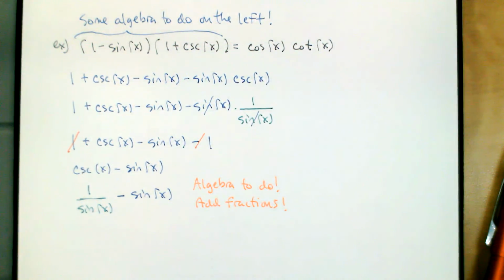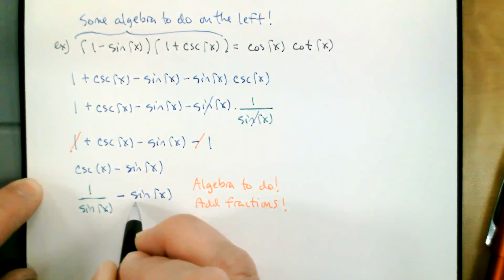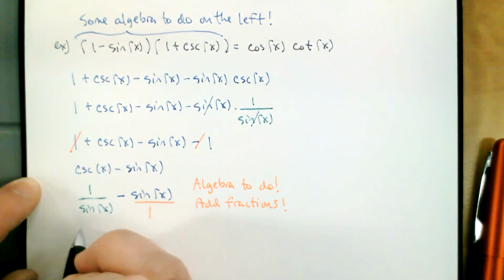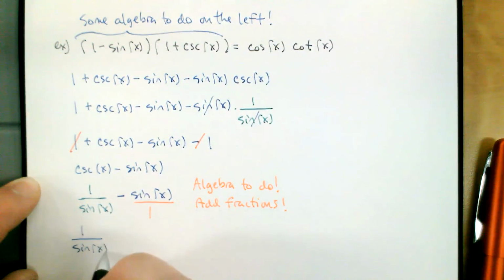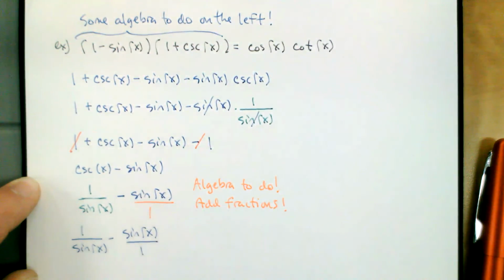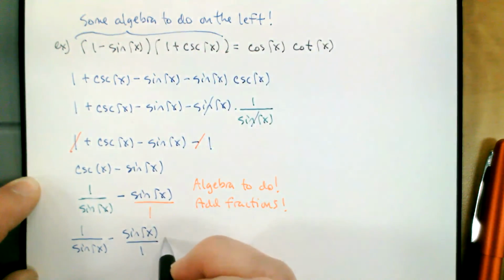If I add these fractions together, maybe that will give us something. So I'm going to read that sine x as sine x over 1 and get a common denominator. I've got 1 over sine x minus sine x over 1. And I'm going to get a common denominator.